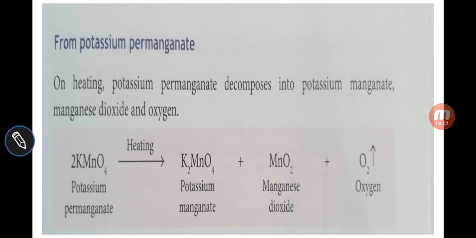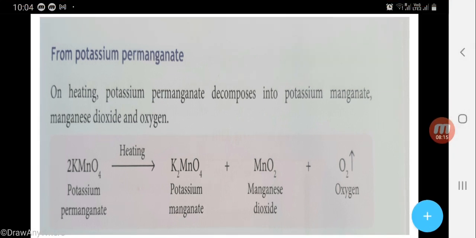Next method is from potassium permanganate, preparation of oxygen from potassium permanganate. What is the formula of potassium permanganate? KMnO4. On heating, what do they form? Potassium manganate, not permanganate, manganate, K2MnO4, and what will they release?